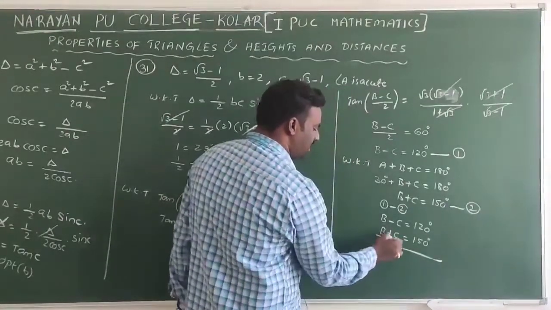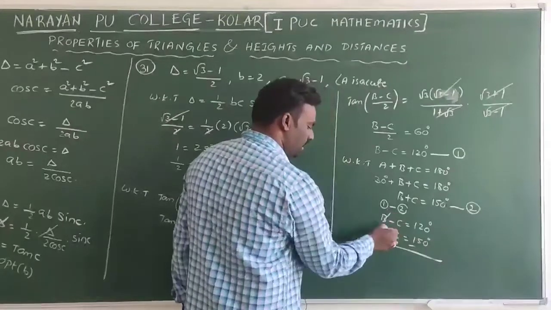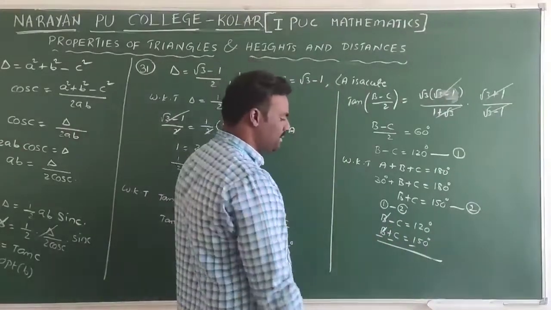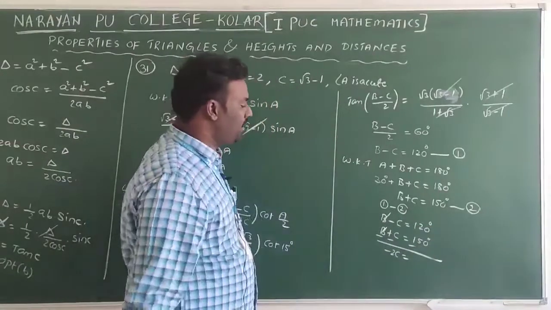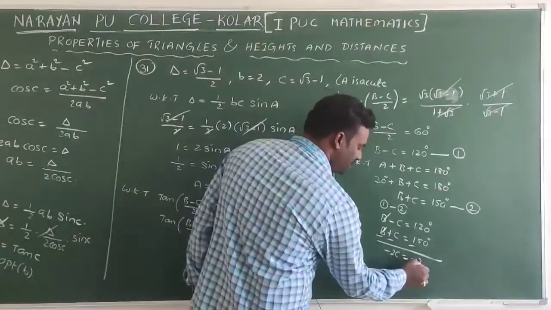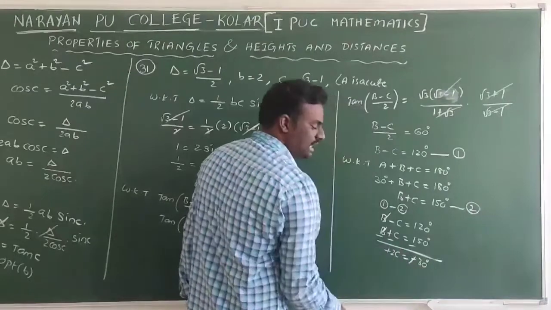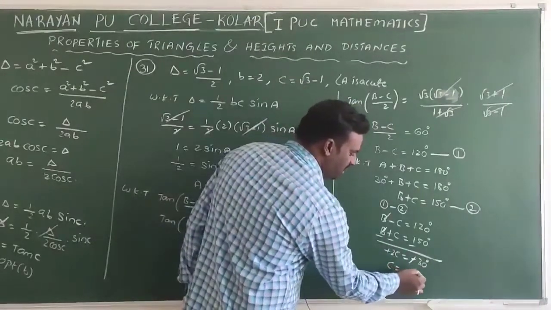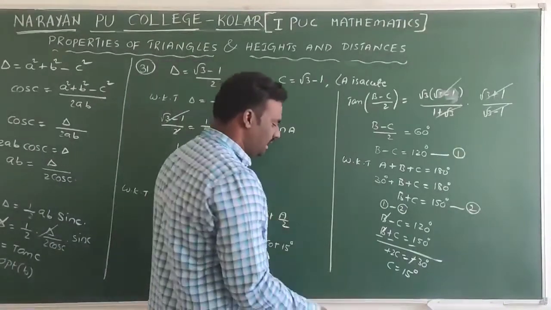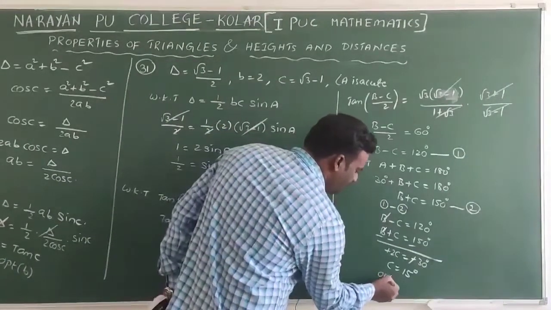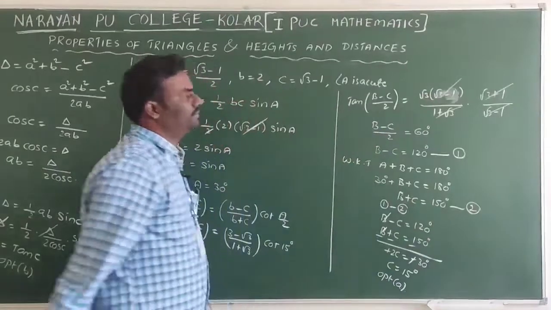If you subtract, signs will change. Now B and B get cancelled, minus C minus C is minus 2C, equals 120 minus 150, which is minus 30. Minus minus cancel. Now C equals 30 by 2, that is nothing but the required angle, 15 degrees. That is option A, the correct answer.